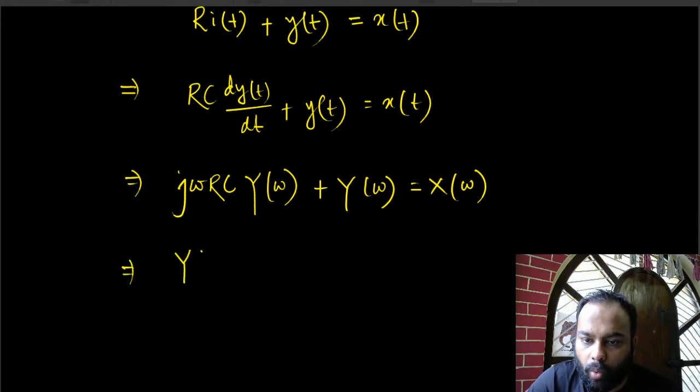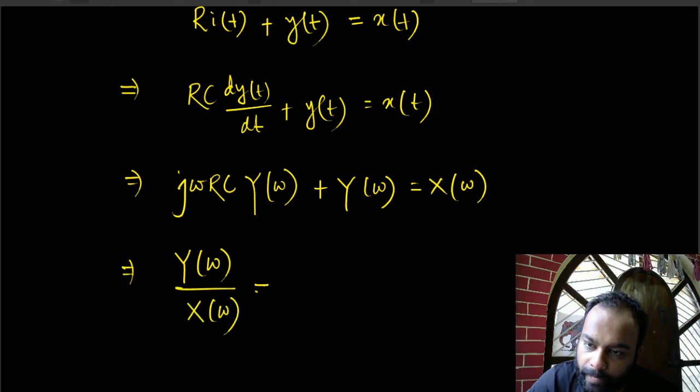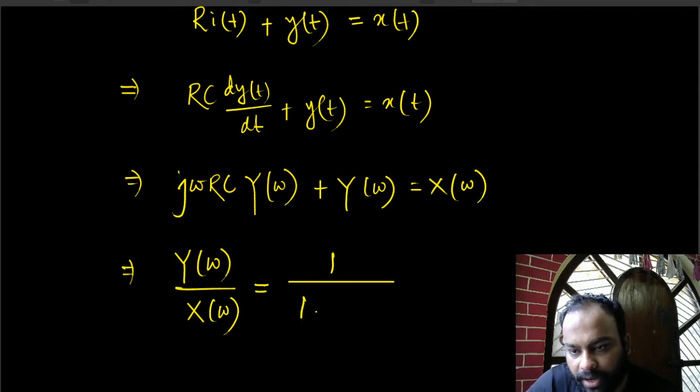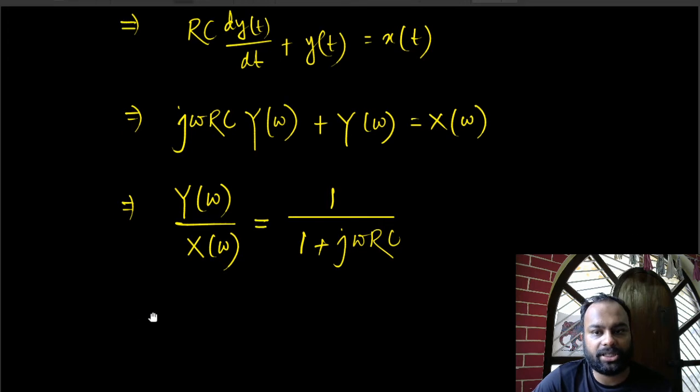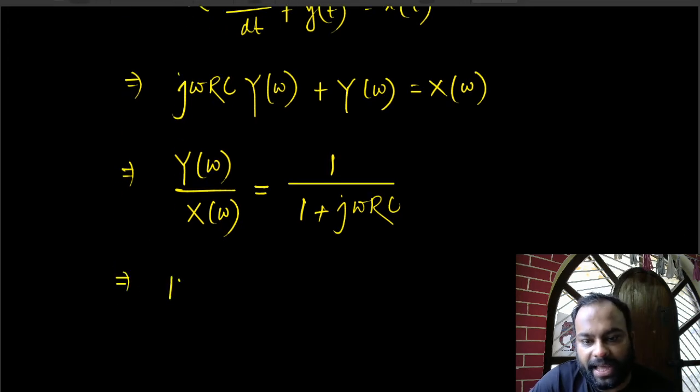And so Y(omega) by X(omega) was 1 over 1 plus j omega RC, something like that. This is the voltage across the output, and this is the input voltage. That is the function we had, and we express this as H(omega).